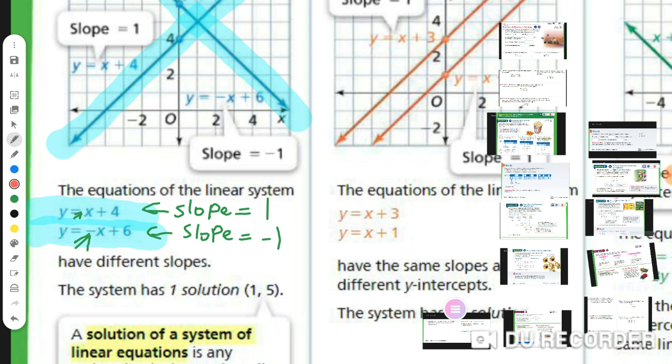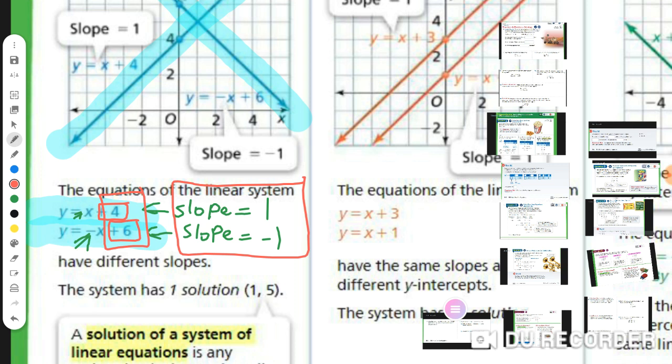What about the y-intercept? The y-intercept for the first one is +4, and for the second one is +6. So I have two different slopes and two different y-intercepts. With different slopes, the number of solutions of these two linear equations is one solution.